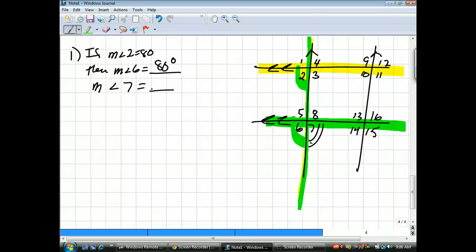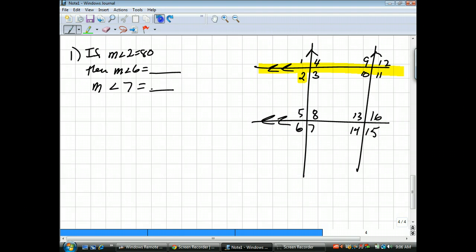So if angle 6 is 80 degrees, that means angle 7 must be 100 degrees. Okay, so this was 80 and this was 100. All right, how about number 2?